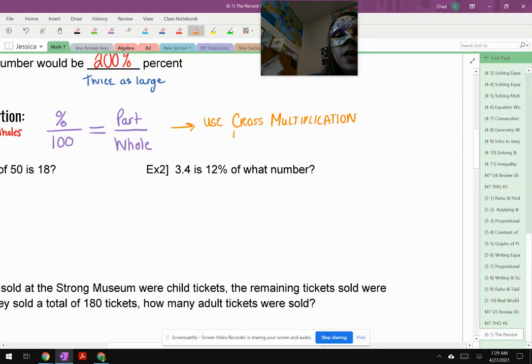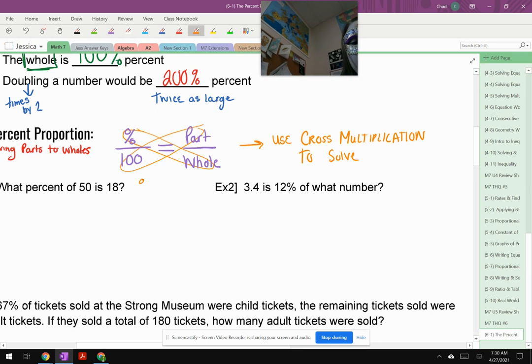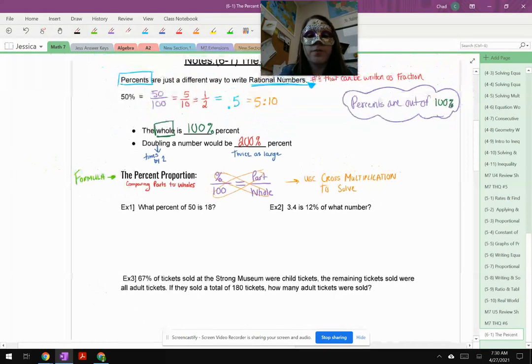And when I say cross multiplication, we mean swoop, swoop, to get something like, well, we'll go through it in an example. But either way, that's it.